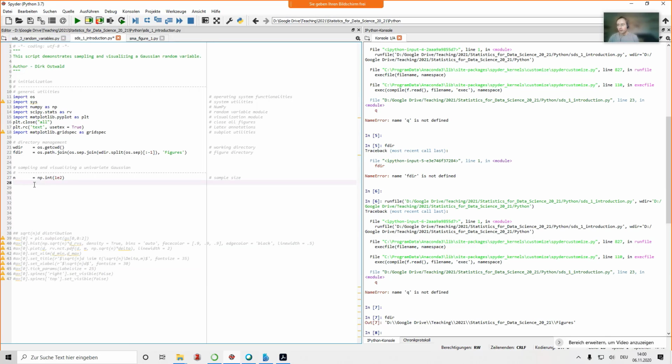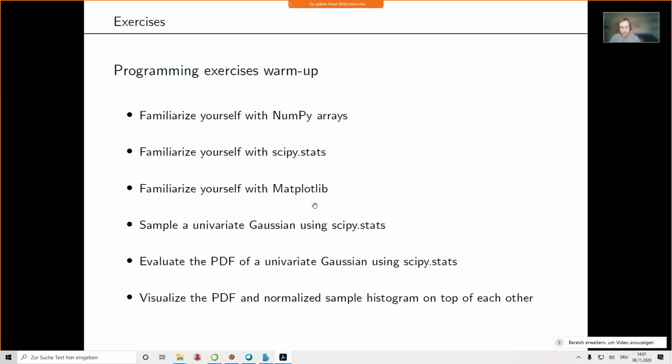So we now have specified the sample size, and if we now want to sample it, we can use the SciPy stats module. If we go back to SciPy stats without crashing my machine, hopefully.